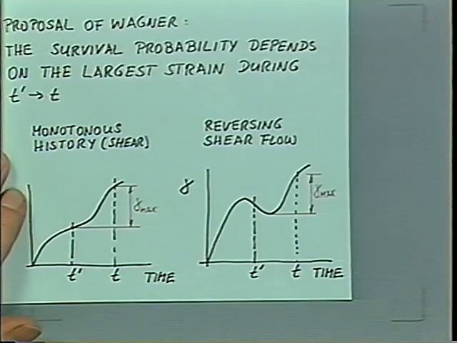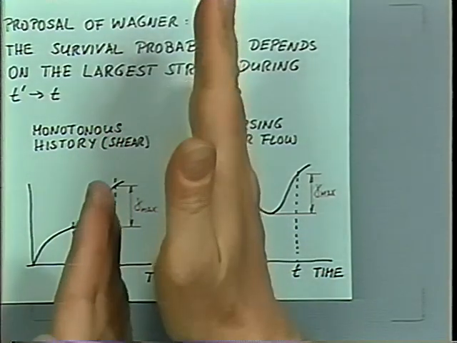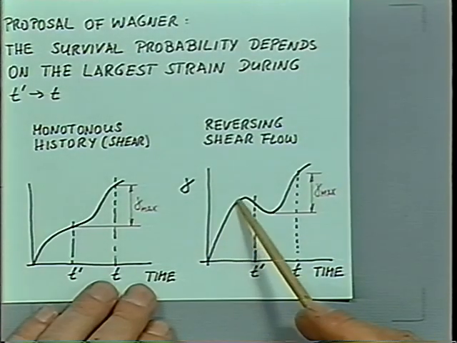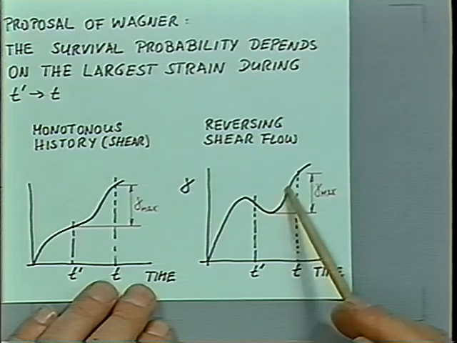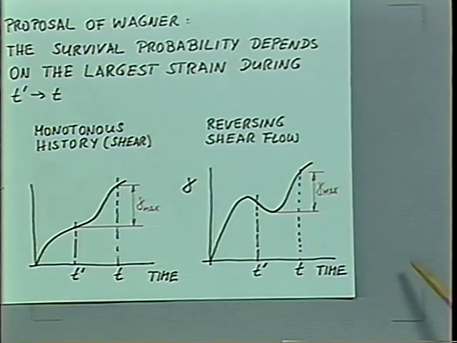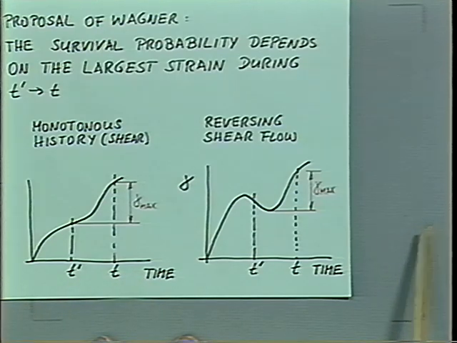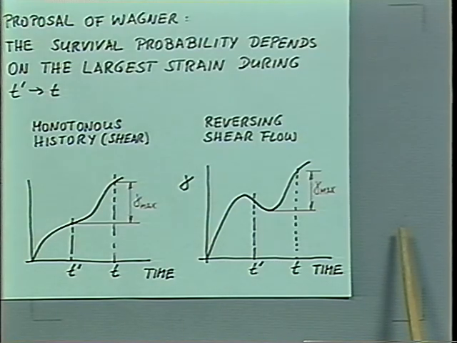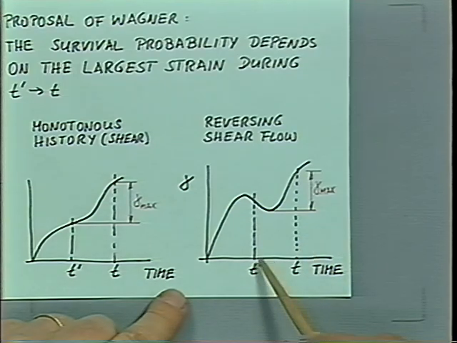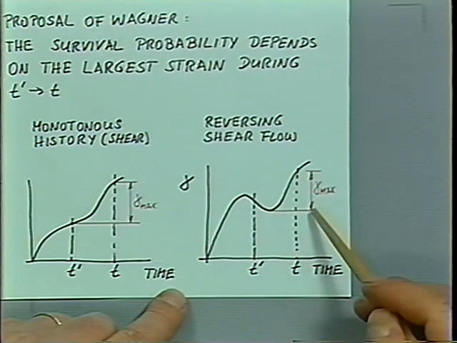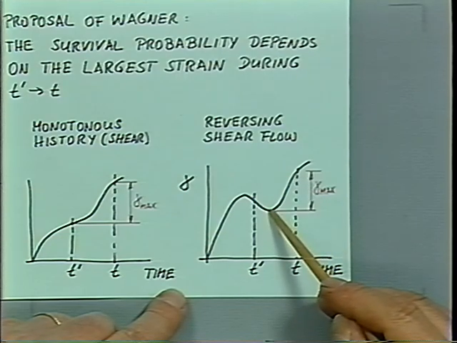However, if you have a flow where you go forward and then backward a little bit and then forward again, you have an increasing strain for a while and then going back, and then you're increasing the strain again. And the total strain, or the maximum strain, which has been applied onto the network, is given not by the strain between t prime and t, but it's given by the strain at some intermediate time.